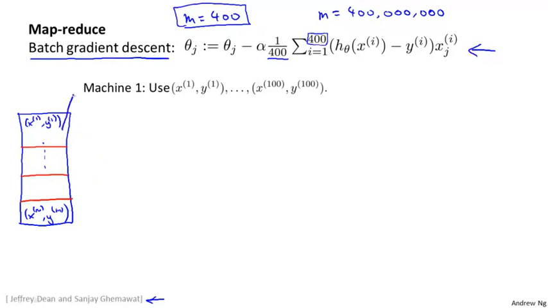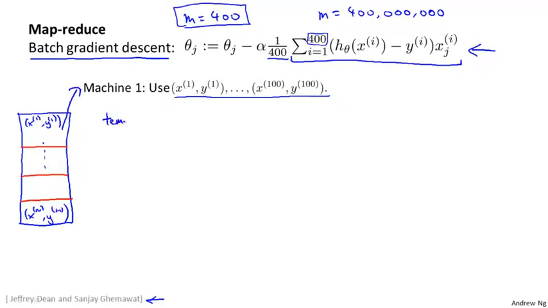And what the first of my 4 machines is going to do, say, is use just the first 1/4 of my training set. So we use just the first 100 training examples. And in particular, what it's going to do is look at this summation and compute that summation for just the first 100 training examples. So let me write that out.